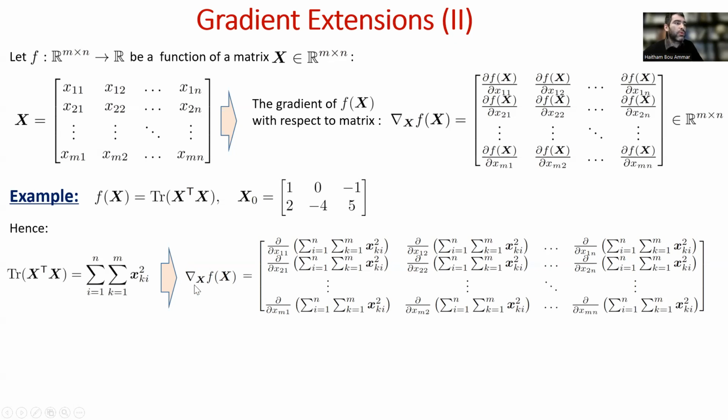Now, in order to compute the derivative of that function of X with respect to matrix X, following this definition, we construct this matrix here, an M by N matrix, where for each component we take the derivative of this sum of the squares of the entries with respect to the corresponding component of the input matrix.